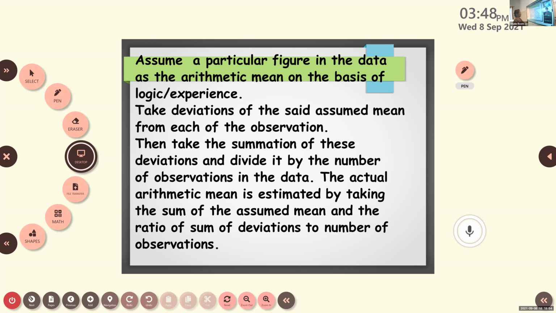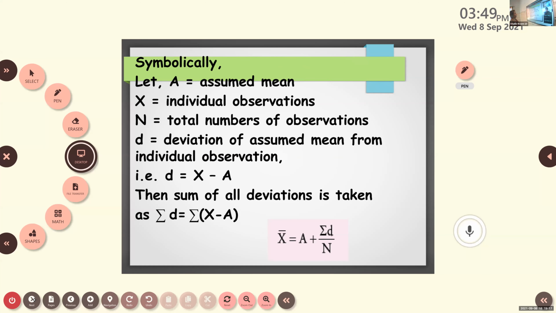That is the ratio of the sum of deviations to the number of observations, and we will be getting the mean.